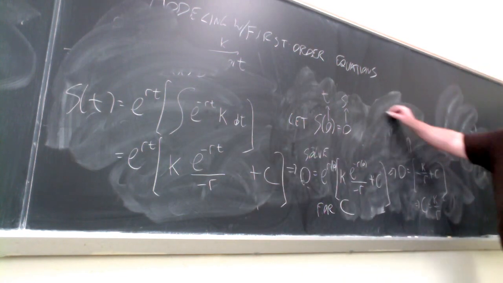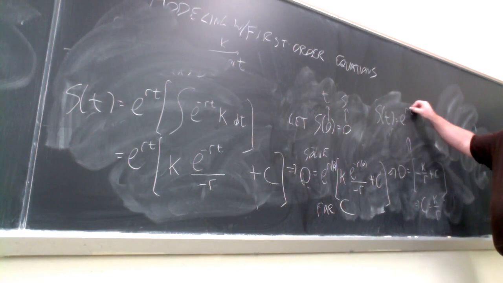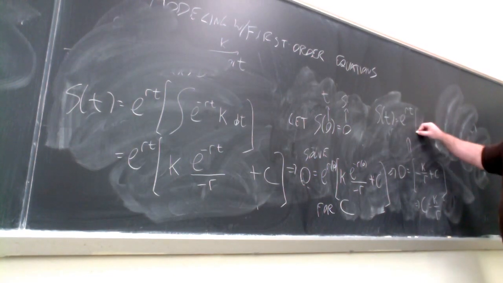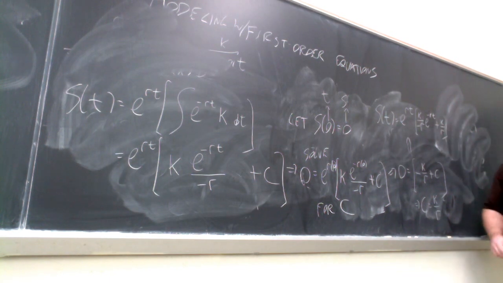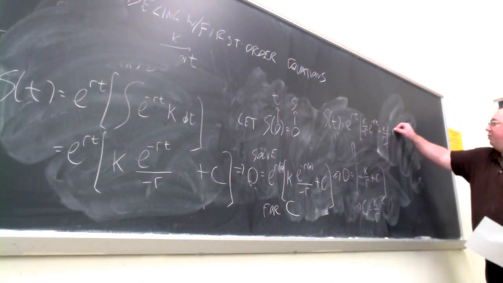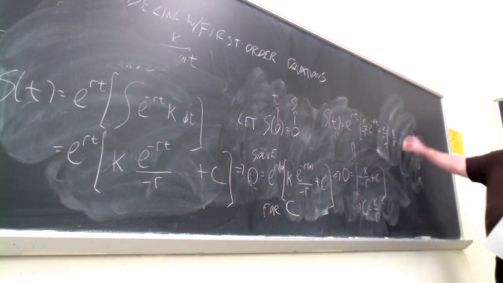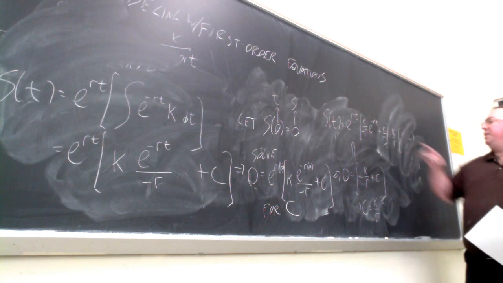So S of t in general is e to the rt, and then k over minus r, e to the minus rt, plus k over r. The very last thing I'll do is factor out the k over r, and distribute e to the rt through here.